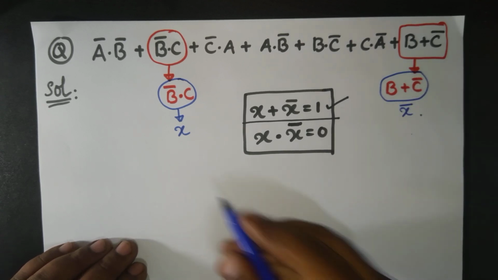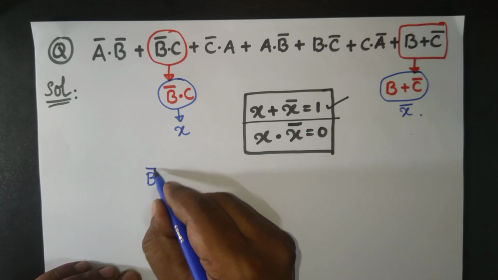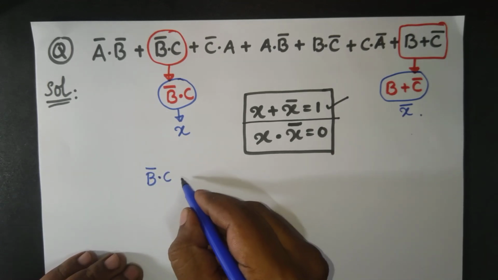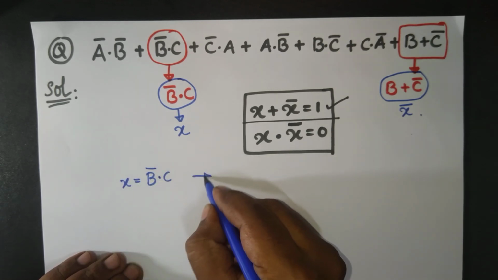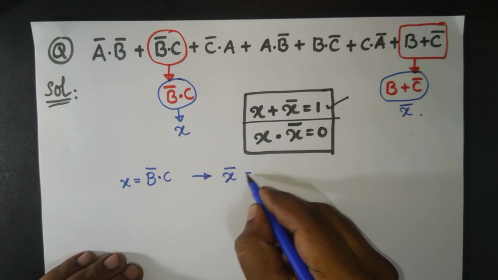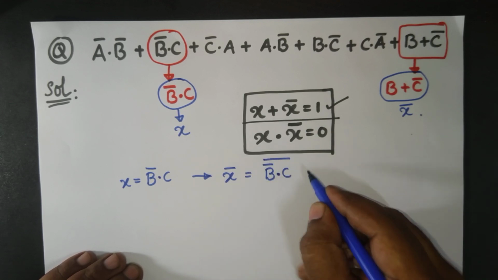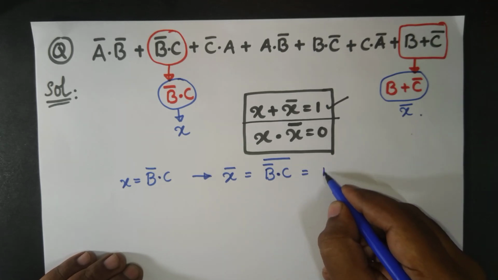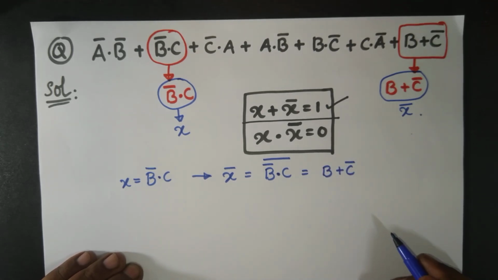Let B complement and C be X. If I want to perform X complement, I must take B complement and C whole complement, which is equal to B or C complement. Yes or not?